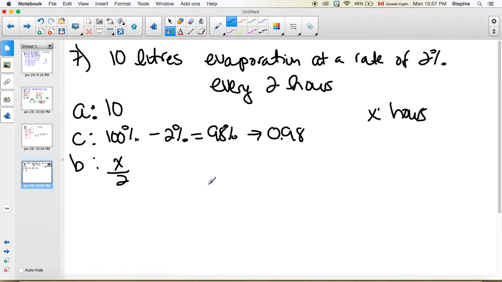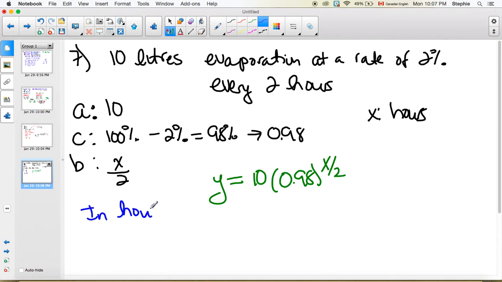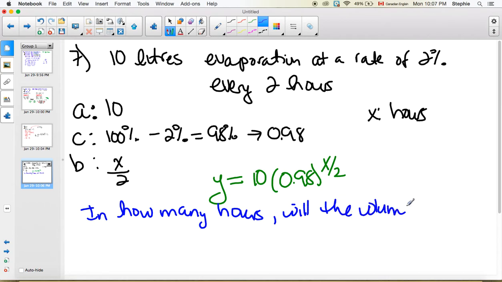You're going to write down your formula now. And your formula, I'll just write it here in green. So it's y is equal to 10 times 0.98^(x/2). Now the question is, in how many hours will this be 4 liters? So we're looking for an x, will the volume be 4 liters?